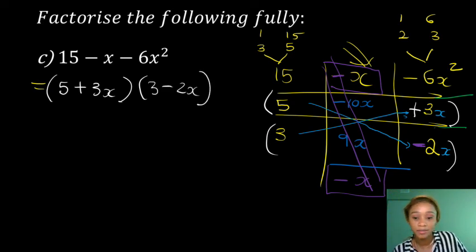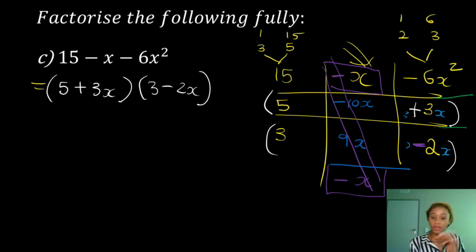I know sometimes it's so hard to see through the mess, but I think the minute you get used to answering the questions and playing around with this method, eventually it's going to be less messy than this, right?